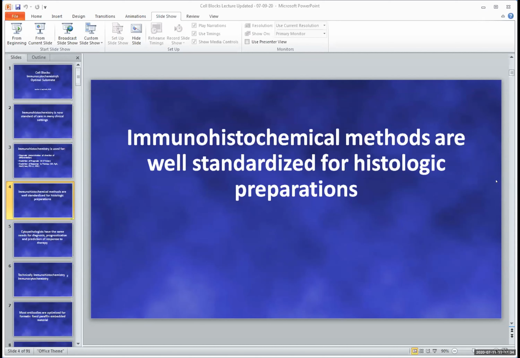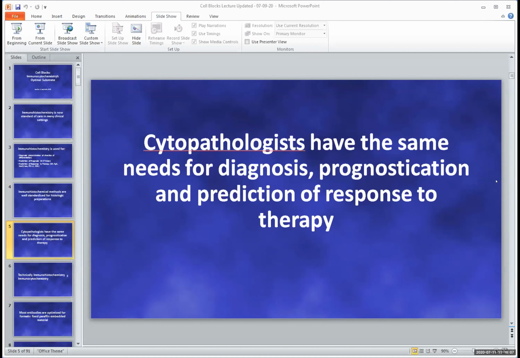We know methodologically temperatures, we know antibody processing requirements, we know dilutions very, very well for formalin-fixed paraffin-embedded material. And for markers like estrogen and progesterone receptors, we know and are required to meet standardized fixation lengths that CAP has dictated for our results to be acceptable. So immunohistochemistry is very, very well standardized.